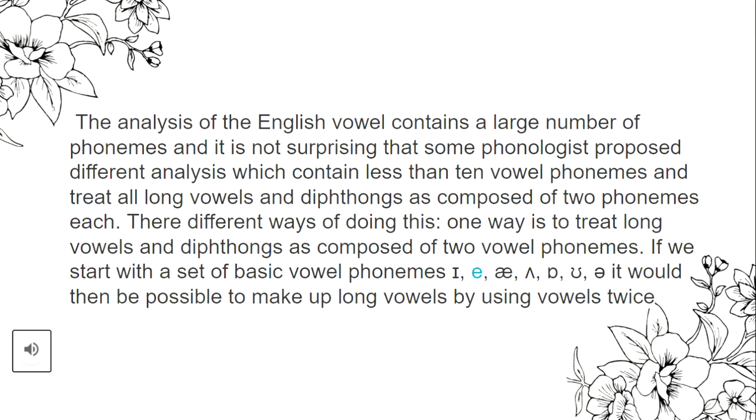There are different ways of doing this. One way is to treat long vowels and diphthongs as composed of two vowels. If we start with a set of basic vowel phonemes, e, a, it will then be possible to make up long vowels by using vowels twice.